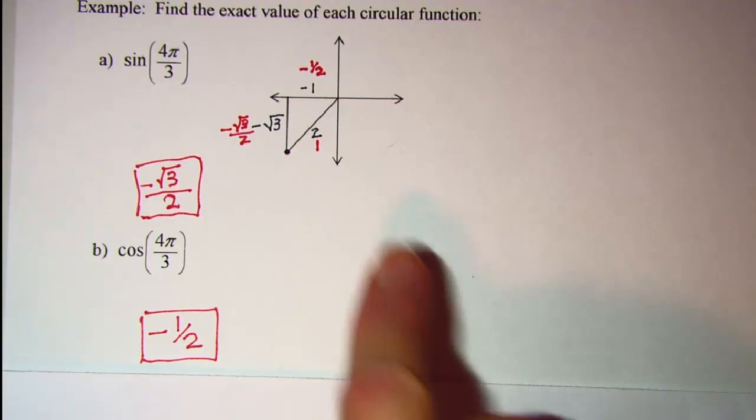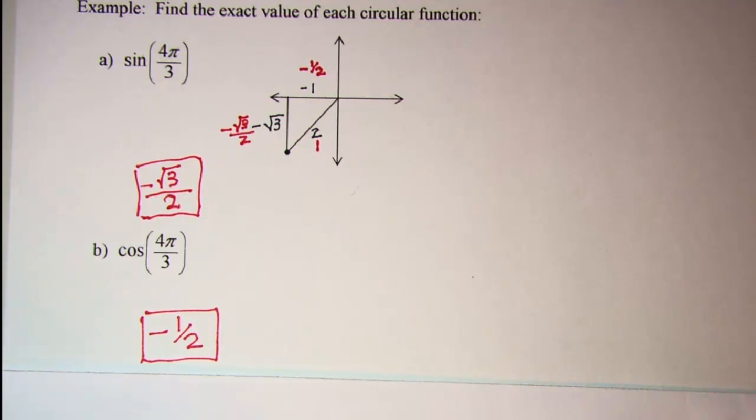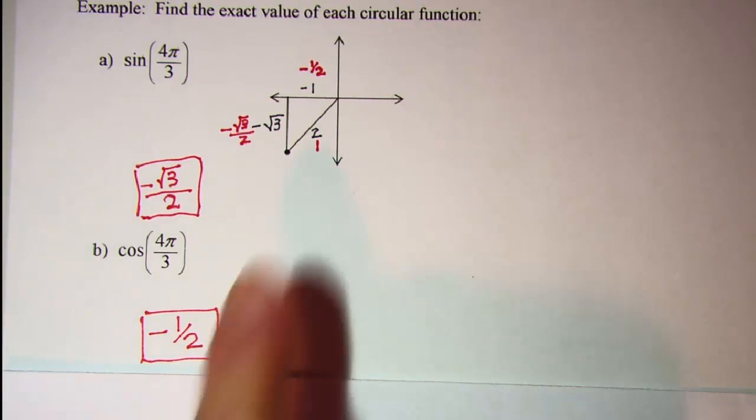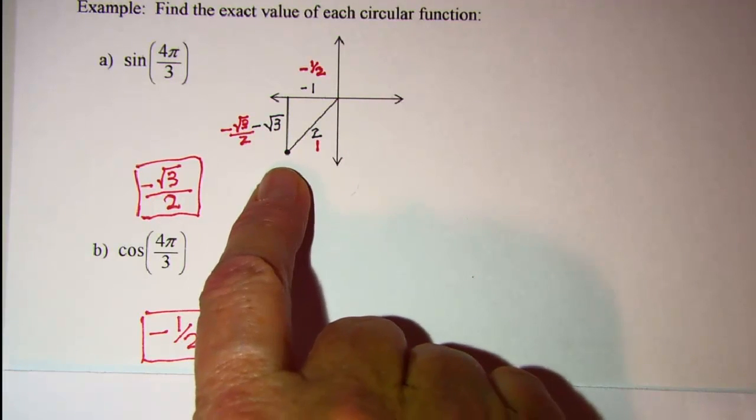Now you might be wondering why I used both of these. Some students feel more comfortable using the unit circle definition, and some students feel more comfortable using the side lengths that they've already learned. Either one will work.